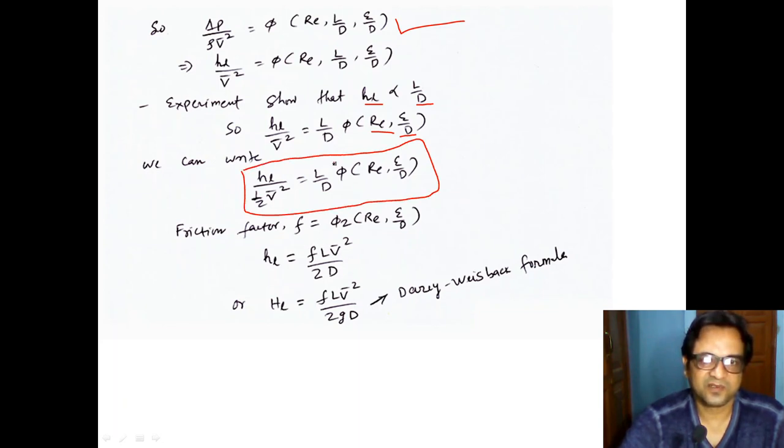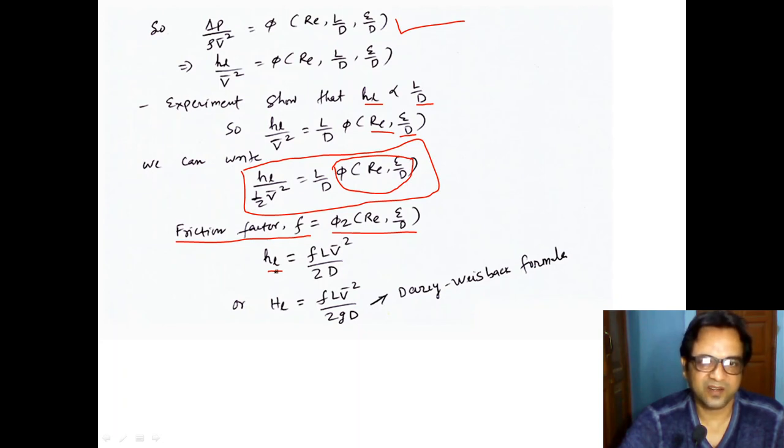Now this function is defined as the friction factor, a function of Re and epsilon by D. So we can replace it by F, and your HL becomes F L V square by 2D.